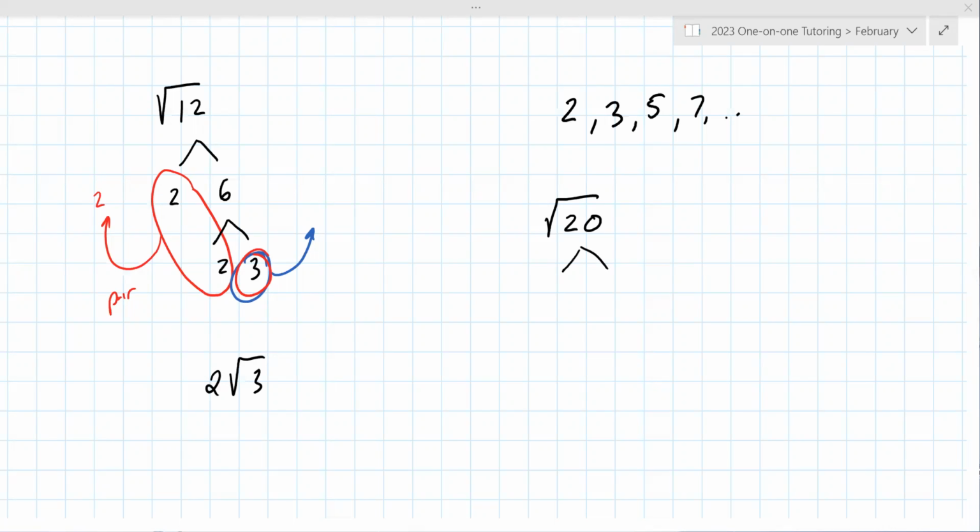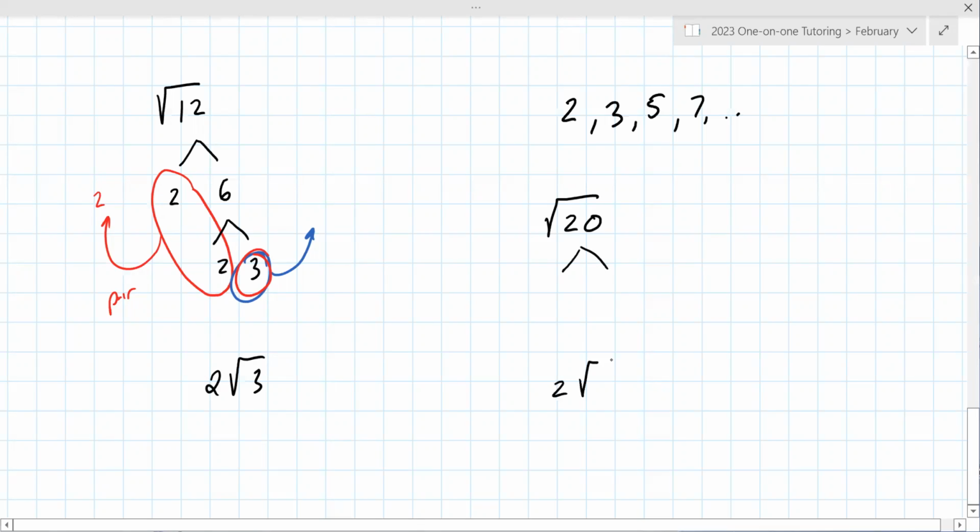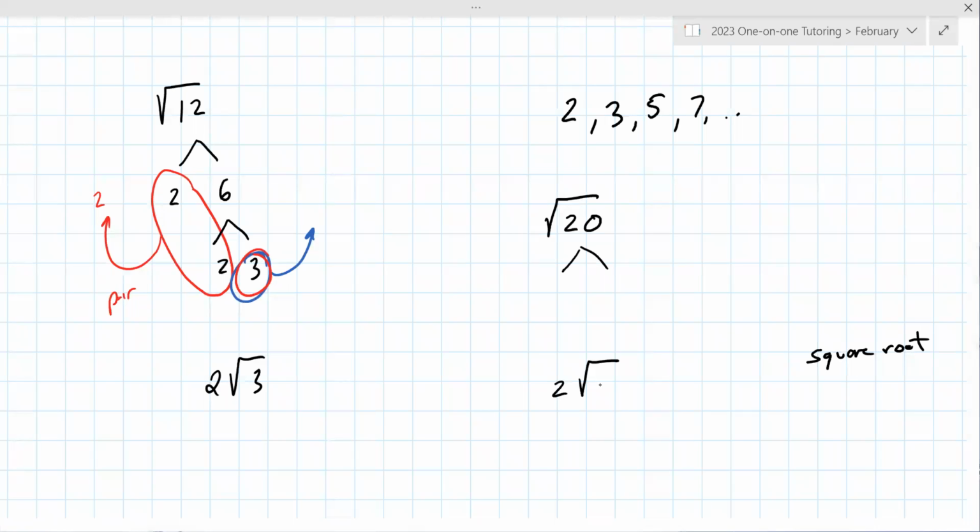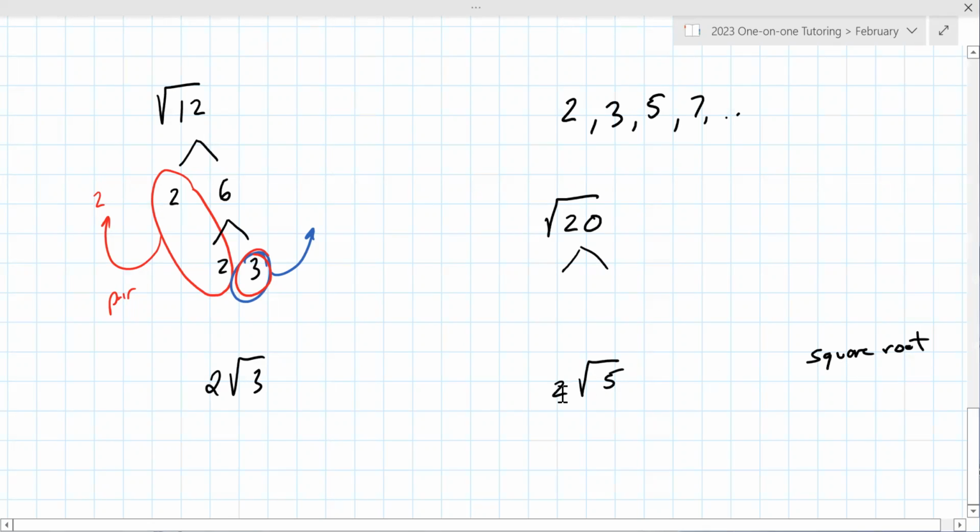I got 2 and, how does one say this? Square root. Square root, yeah. Square root of 5. Yes. So the fact that it's this symbol is the root. That's the root part.